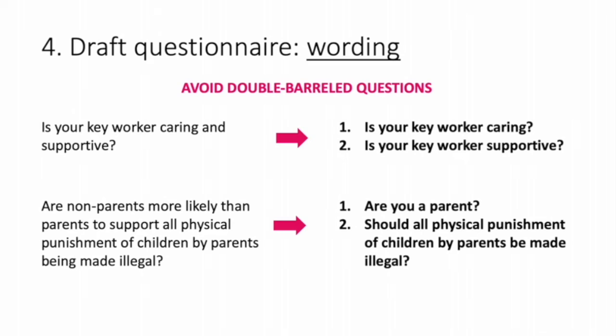And 2, should all physical punishments of children by parents be made illegal? And then you can basically compare the answers of those who are parents and those who are not parents and see. Or you could just have question 2 here and send it to a sample of parents and non-parents. And then question 1 just becomes a screening question.